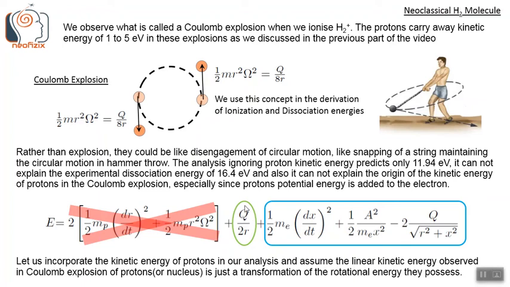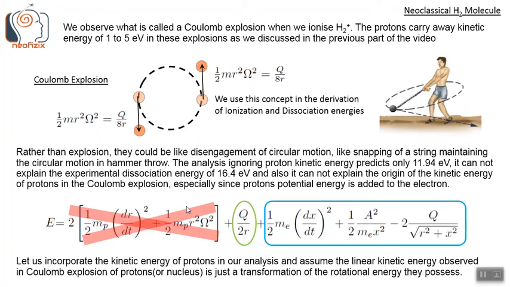The proton's potential energy is added to the electron's energy to define the binding energy in the previous case. Since we are adding this q by 2R to this electron energy term, there are no leftover terms, so we cannot explain the kinetic energy carried by the protons in the Coulomb explosion.